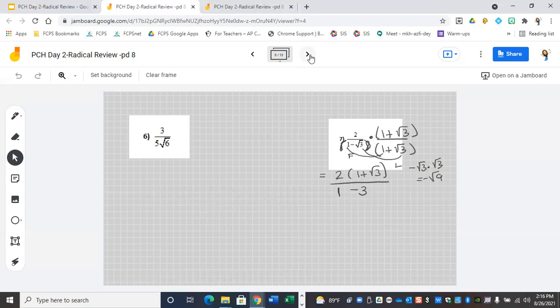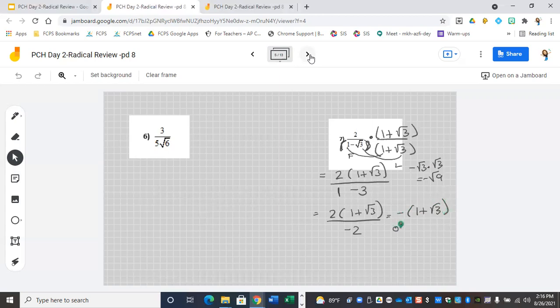Then again, simplify your fraction. Notice you've got a negative 2 now in the denominator. This is why I didn't want to distribute the 2 in the beginning, because you knew you were going to have to reduce this fraction in the end. So I can divide out a negative 2, so I'm left with negative 1 plus square root 3.